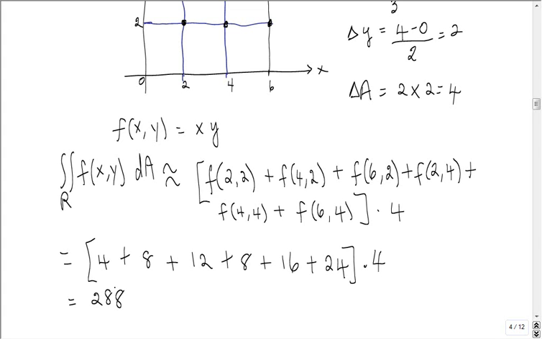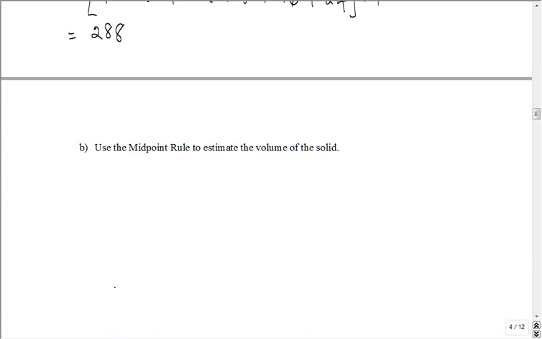Now let's do that same question, but let's use a different sample point. We are going to use the midpoint of each of the squares. Remember I told you you can use any sample point. So let's use the midpoint of each of these squares, and this is called the midpoint rule. So we need to draw this again on the other page.